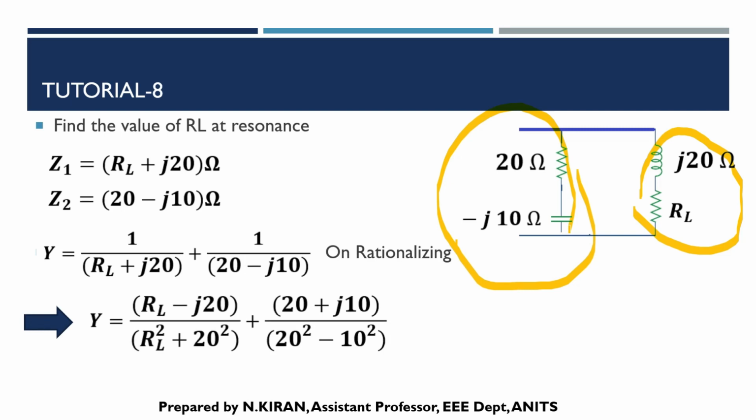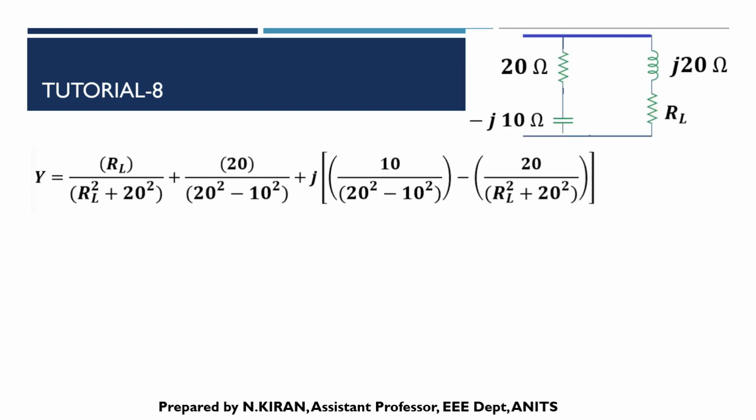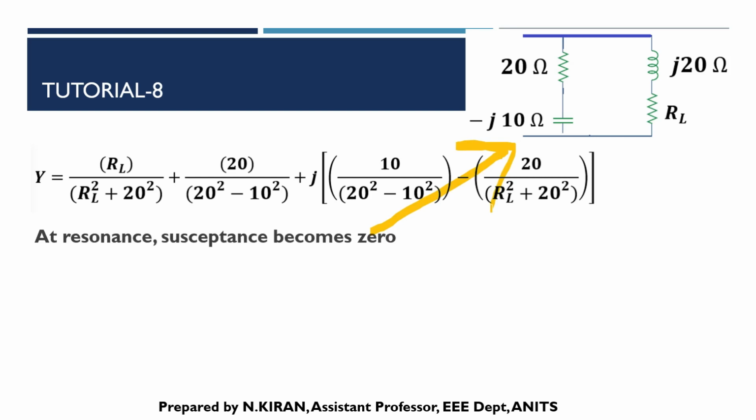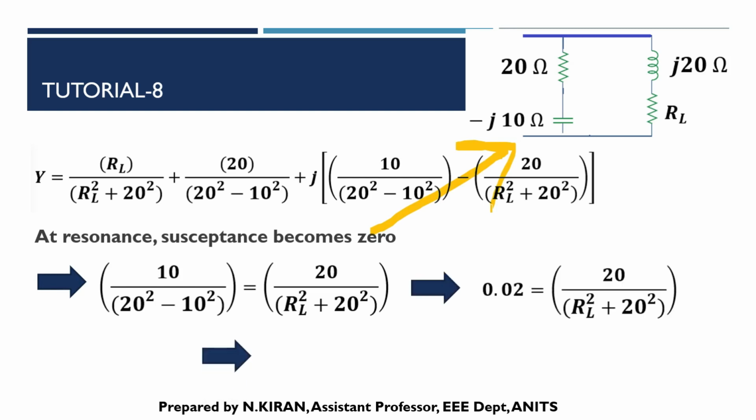On separating the real terms as well as imaginary terms, the total admittance is obtained as follows. Since at resonance the imaginary term becomes 0, equating the imaginary term to 0, on cross multiplication and simplification we get the value of RL to be 24.5 ohms.